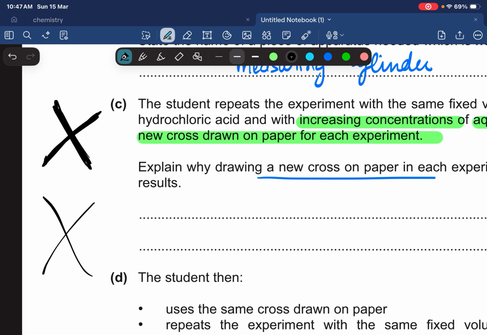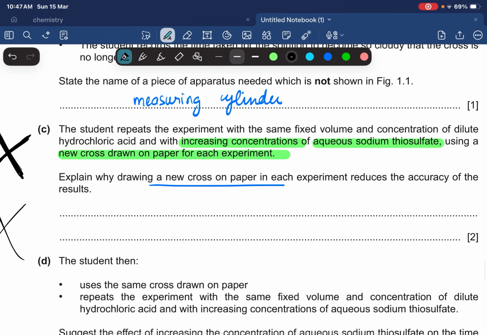So we're going to say the color of the crosses might change. Crosses may be darker or lighter.